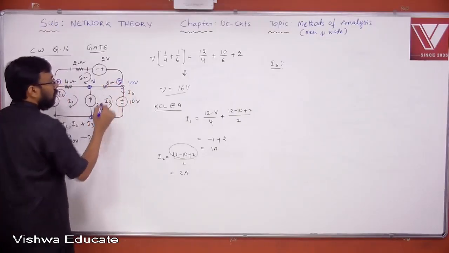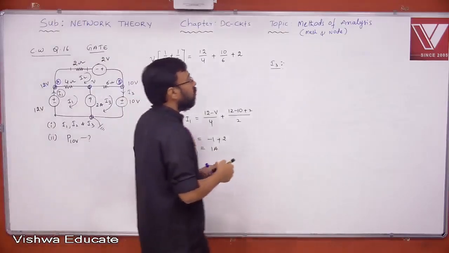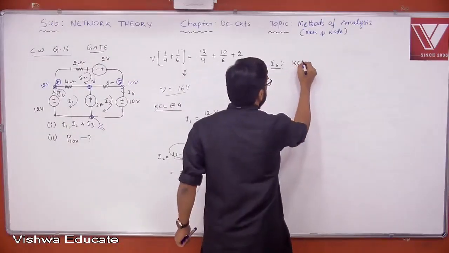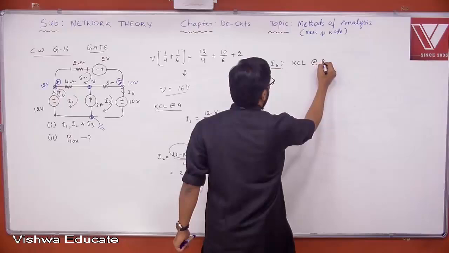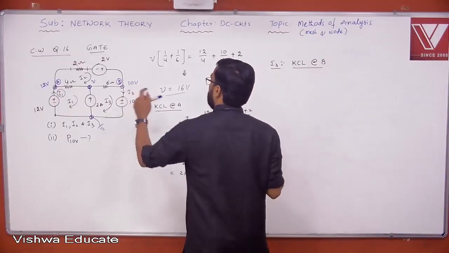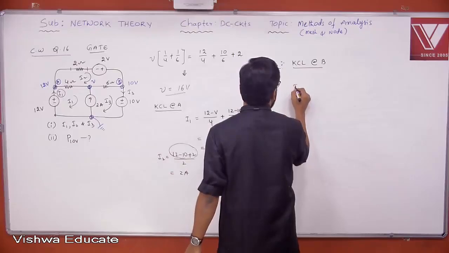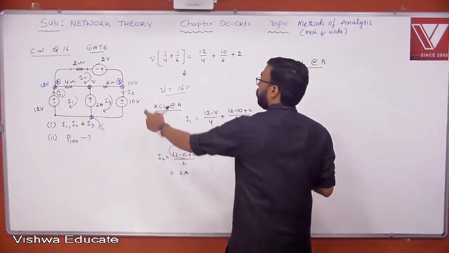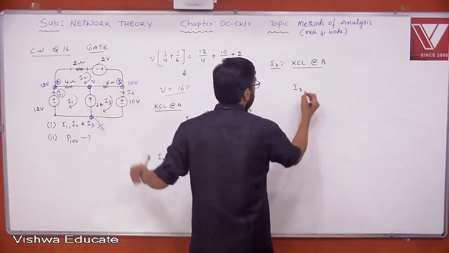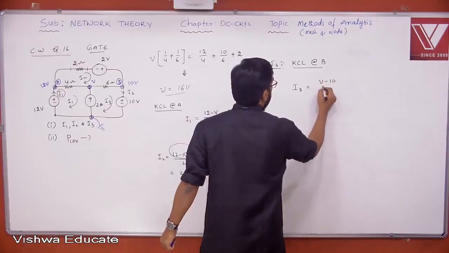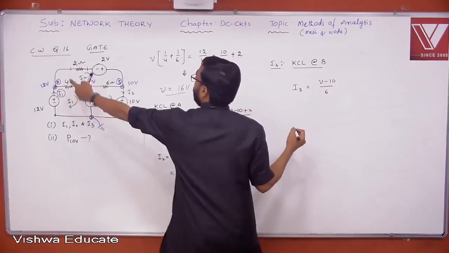Let me apply at this node, node B. KCL at node B. Tell me, what will happen? I3 is leaving. V minus 10 by 6 entering. Then what about this?